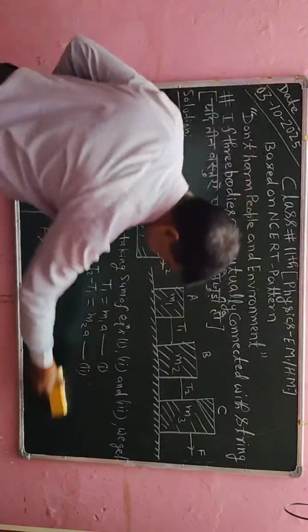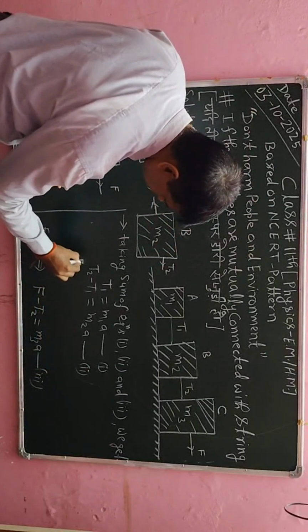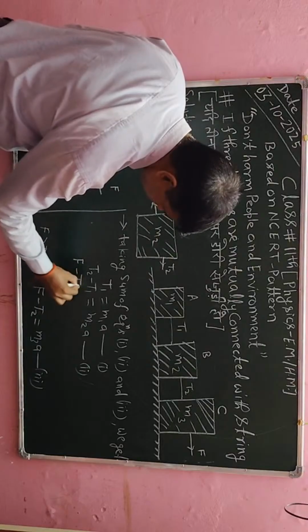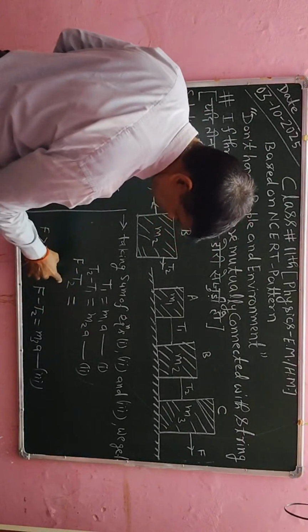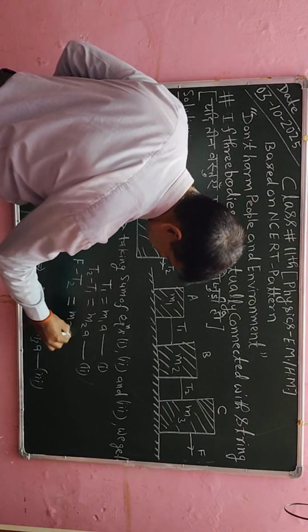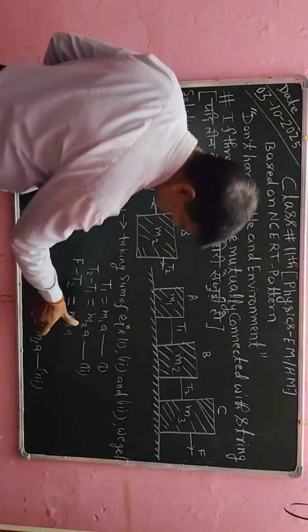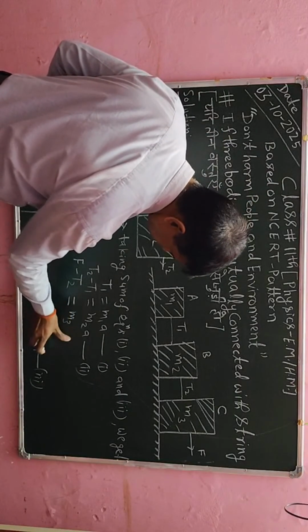If you have any doubt, write your doubt point and I will reply with its answer in detail. And F minus T2 is equal to M3 into A.